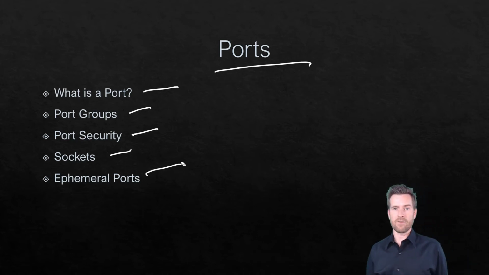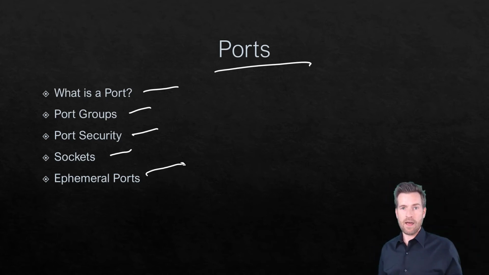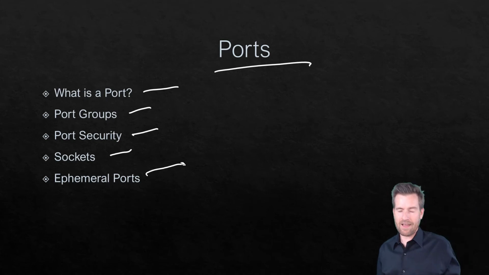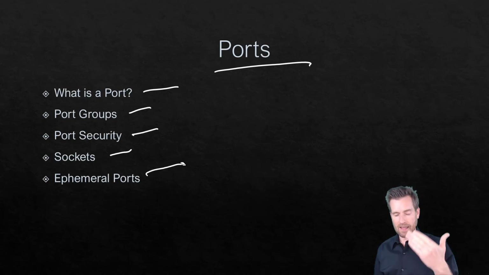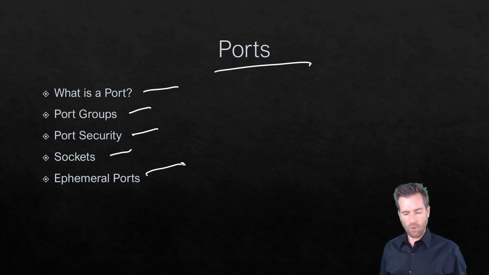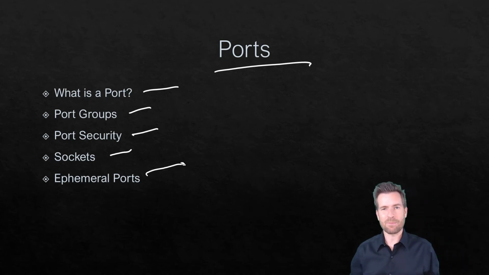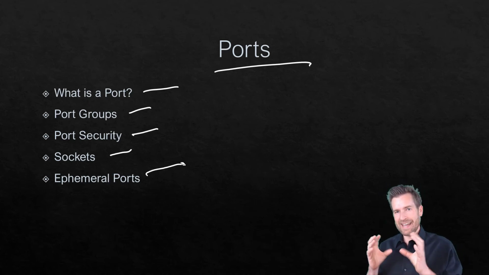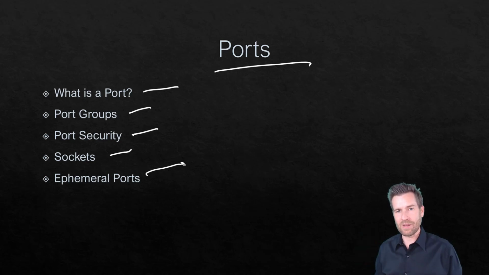Once again, the ephemeral ports are the ports that are randomly chosen or assigned somehow to the source side of this conversation that's happening to establish a communication channel. So yeah, just a lot that's packed into ports. They're pretty cool. It's kind of cool to see how ports bring this all together to establish this communication.